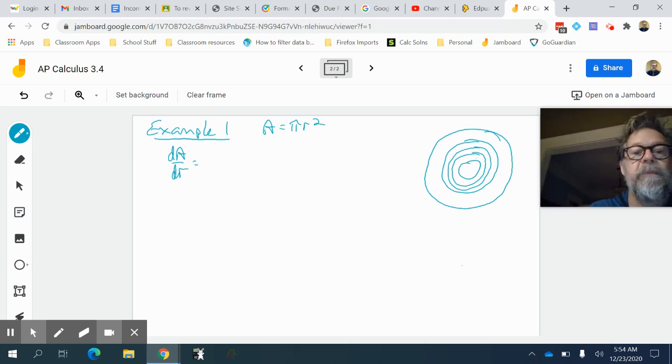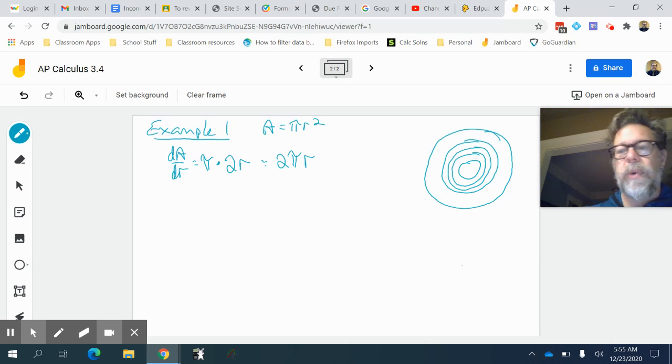So the rate of change of area with respect to time. Remember, that's how we say it from last chapter. Rate of change with respect to, and I said time, but of course I meant radius. And we know that the constant stays out, and we know that the derivative of r squared using the power rule is 2r. So this is just 2 times pi times the radius. The rate of change of area with respect to radius.